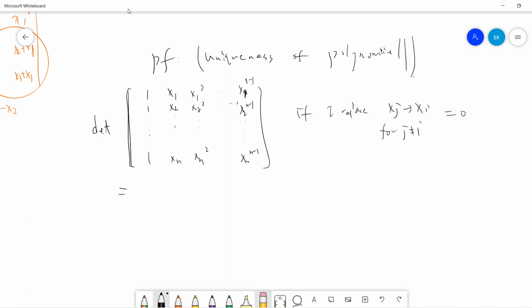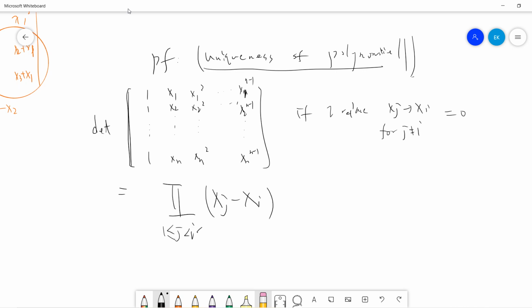Suppose I replace x2 by x1; then the first two rows will be the same. If I replace x3 by xn, then again two rows will be the same. So from the uniqueness of polynomial factorization, I already know the answer must contain this product, because for any j and i, it becomes 0.